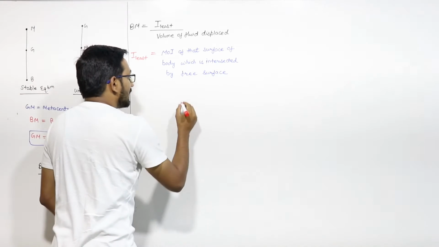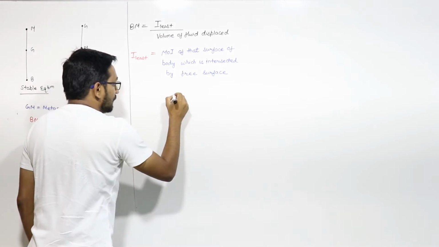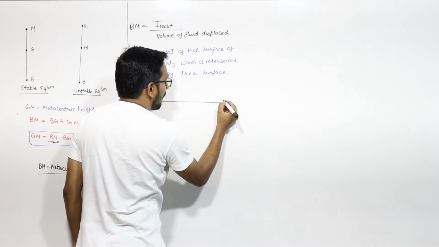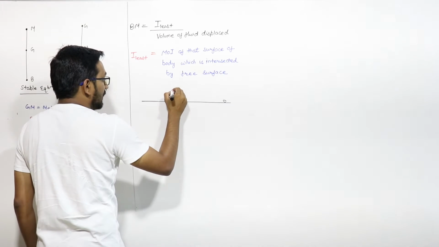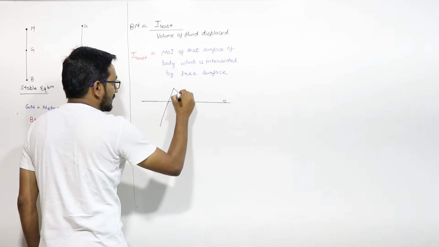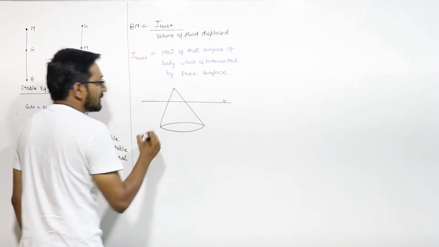Suppose, let us say this is the free surface. In this you place a conical body. Let us say this is the conical body, which is submerged in this fluid.